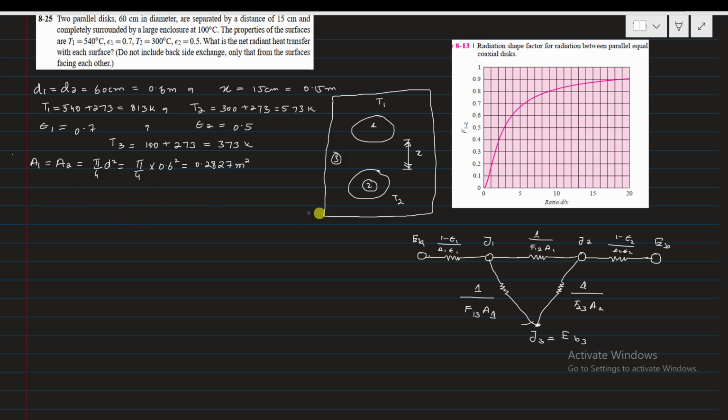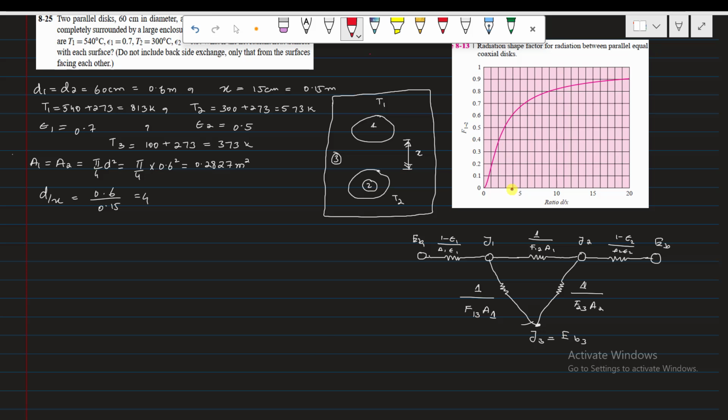Now look at the shape factor, how we will calculate it. Look at this graph. The ratio d by x is equal to, what is d? That is 0.6 divided by x, that is 0.15. So you will get its value, that is 4, and here on the axis is 4.